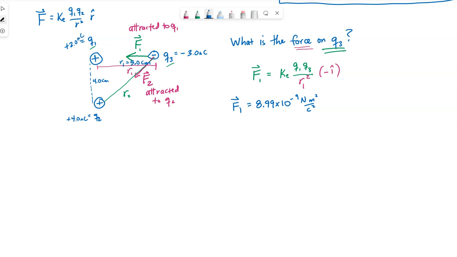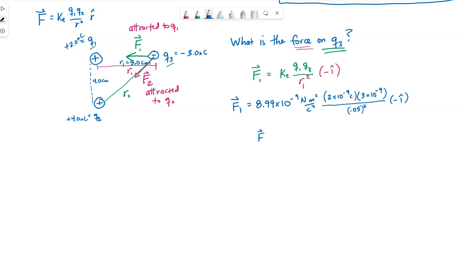You don't need to write the units out all the time, but I do once in a while so that I can remind you of what is canceling. So the two charges involved in this attraction are Q1, which is 2 nanocoulombs, and Q3, which is negative 3 nanocoulombs. But again, I'm just putting magnitudes in, and I'm going to account for the direction separately to make sure it makes sense.